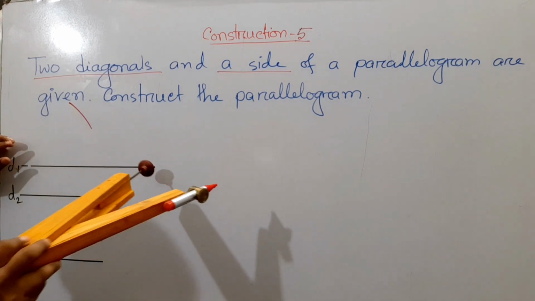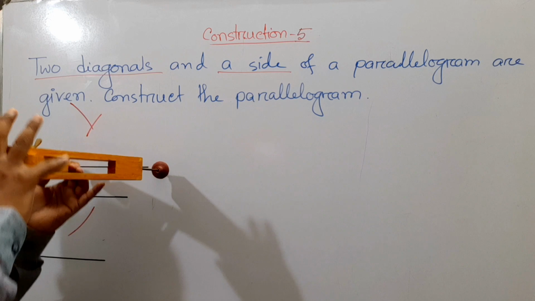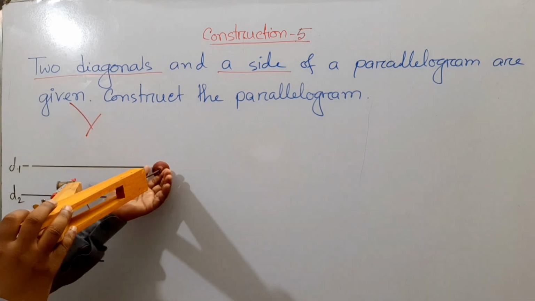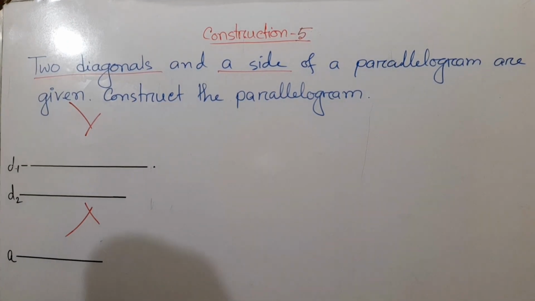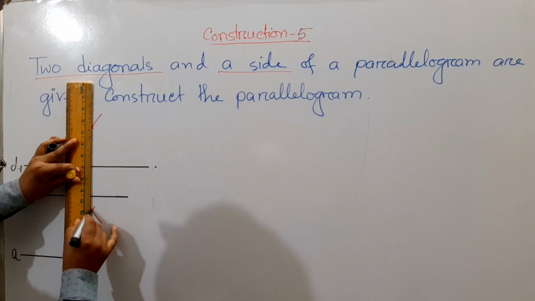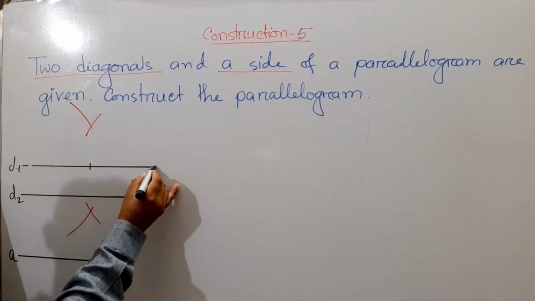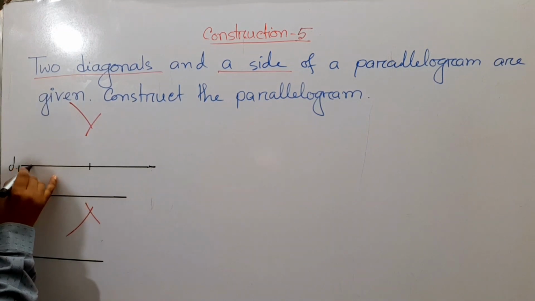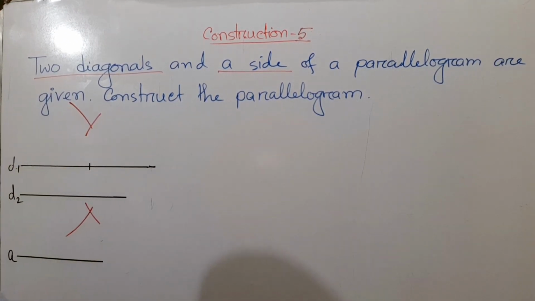Now with centering the other end point with the same radius, we draw two more arcs. Now we will take the midpoint. No need to draw the line, take the midpoint. So at this point it is bisected. D1 is bisected over there.